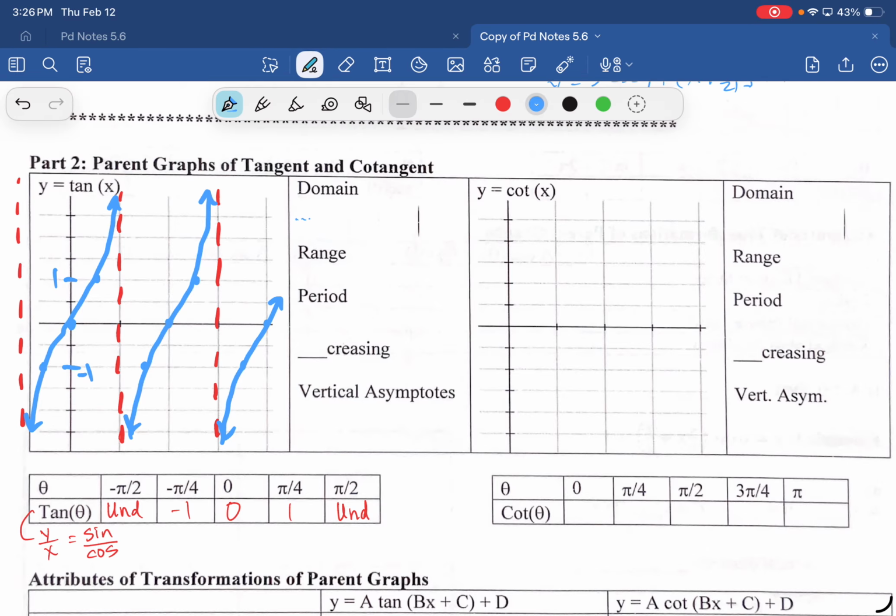So the cotangent graph has a vertical asymptote along the y-axis, and at pi. I didn't label my x scale on the cotangent graph, sorry. I did my y scale, but not my x scale. Need to do both here, y scale and x scale.